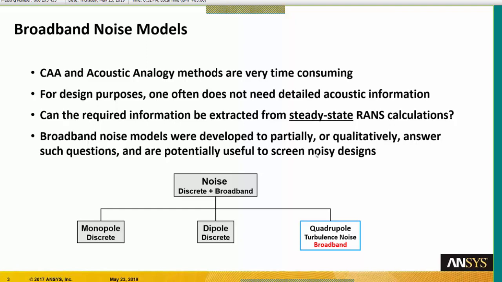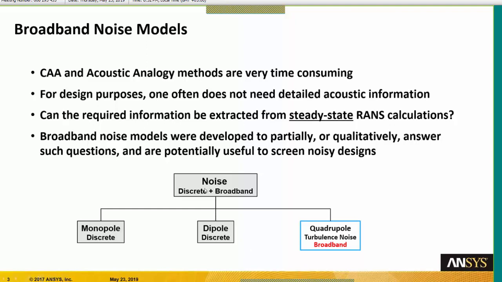For example, you have 2 configurations for a certain shape of obstacle. You want to compare the potential noisy design compared to the silent one, and see what can be expected as a difference between these 2 designs. That kind of analysis, very qualitative, can be done quite rapidly using these broadband noise models.